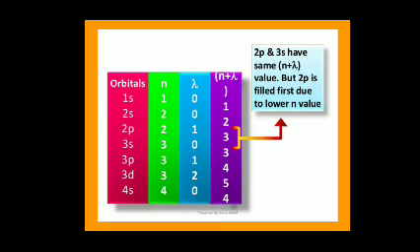For 2p, n plus l is 2 plus 1, that is equal to 3. For the 3s orbital, n value is 3, l value is 0, so n plus l is 3 plus 0, that is equal to 3. 2p and 3s have the same n plus l value, but 2p is filled first due to the lower n value.